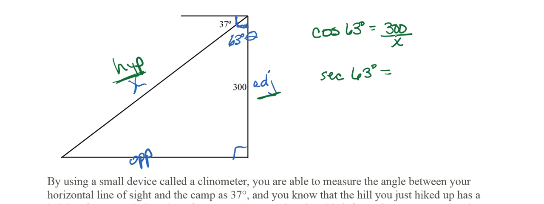I keep the same angle. I flip this upside down. It's x over 300. Now my variable's on the top, so I can do the one quick step, multiply by 300 to get rid of that. So I'm going to do 300 times secant of 63 degrees.